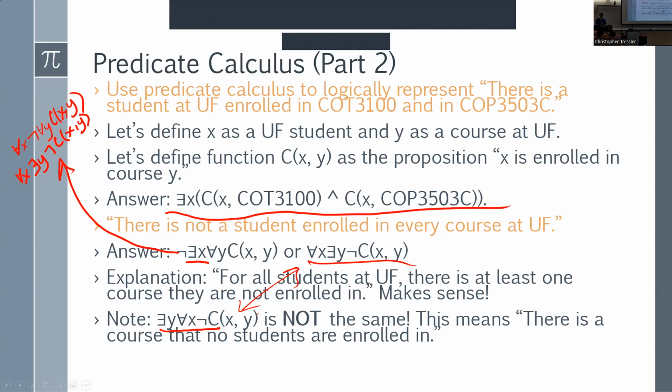This is not the same thing. If we read this out, we know that Y is in the position of the UF courses, and X is in the position of the students. So what this is actually saying is there is a course where for all students, there is nobody taking that course. So basically there's a course that nobody's taking. Now, realistically, would this be a true proposition, would you guys say? Is there a course nobody is enrolled in right now?